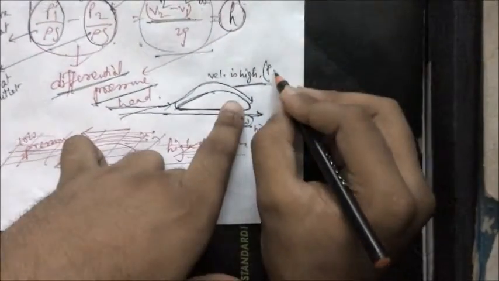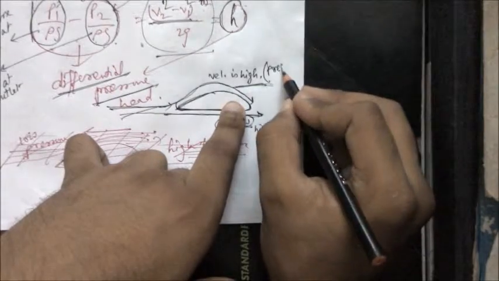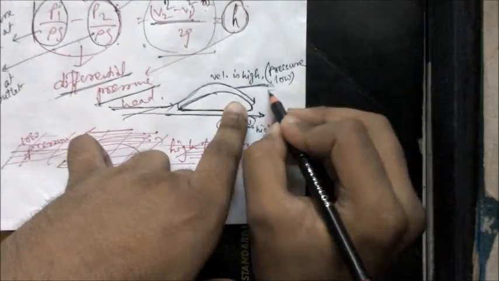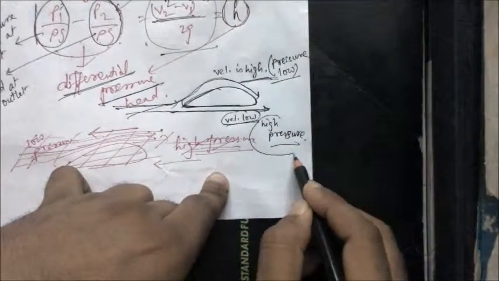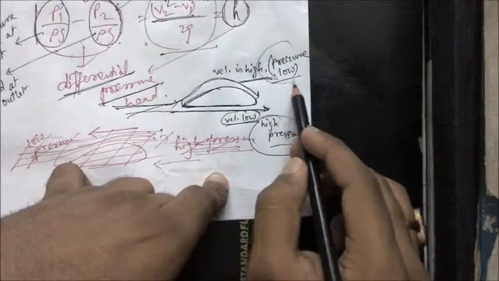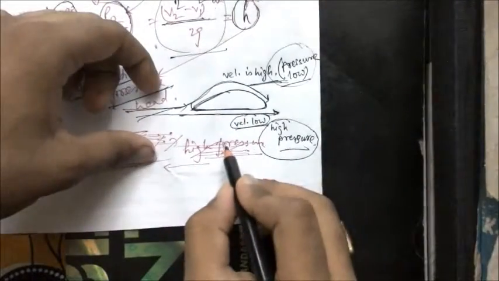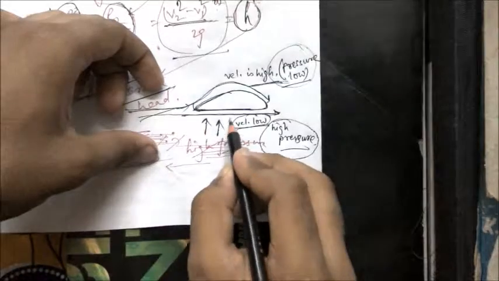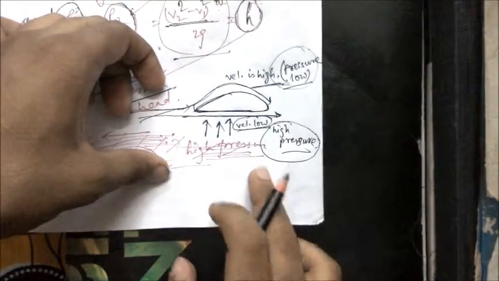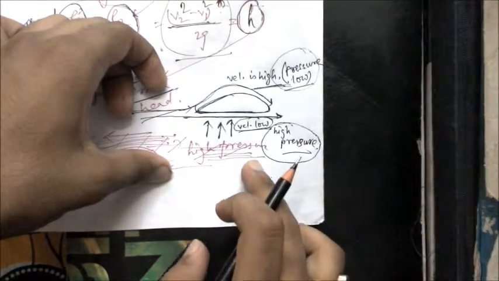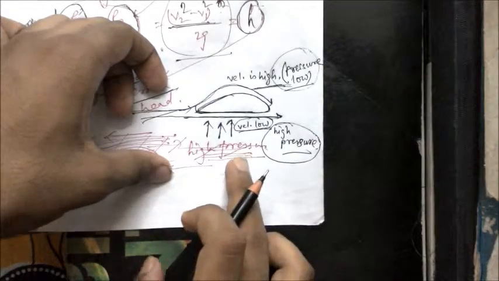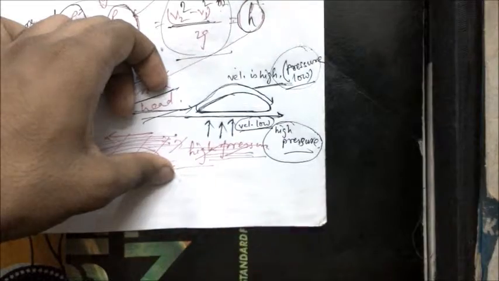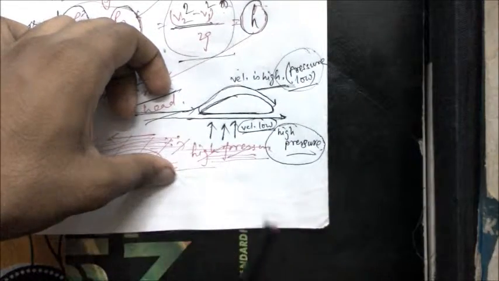So underneath the wings it is high pressure, above the wings it is low pressure. So the wings actually get a lift force. The air below is under high pressure, so it pushes upwards. It tries to move from high pressure to low pressure.